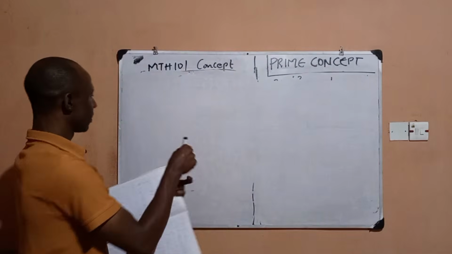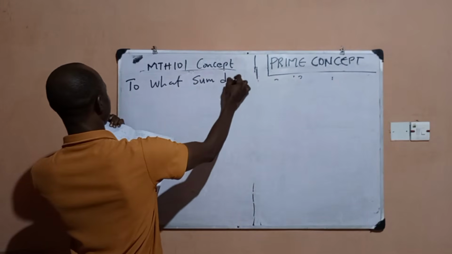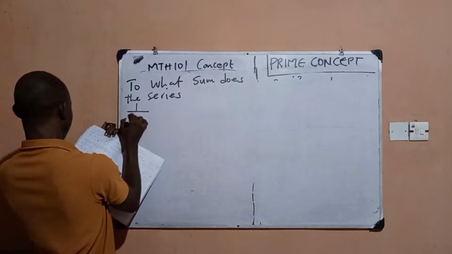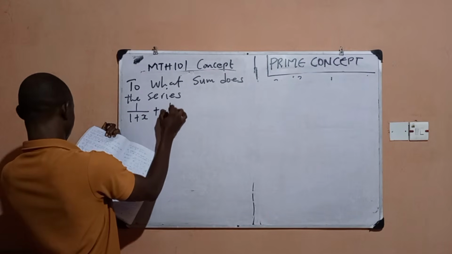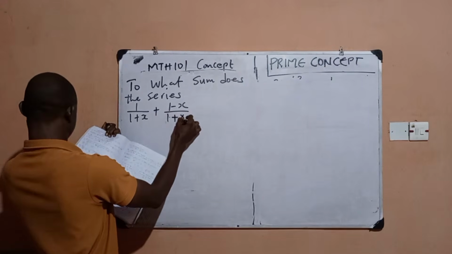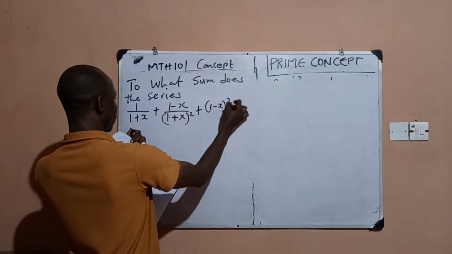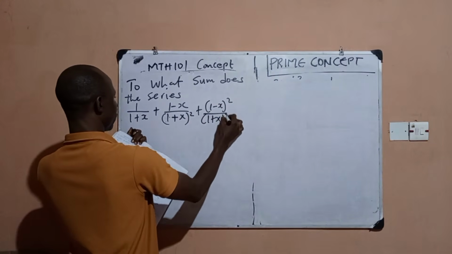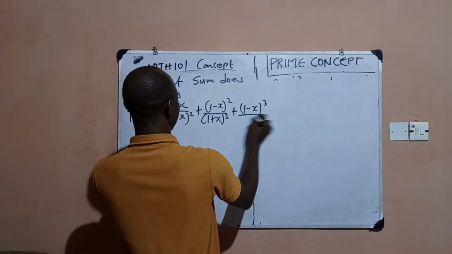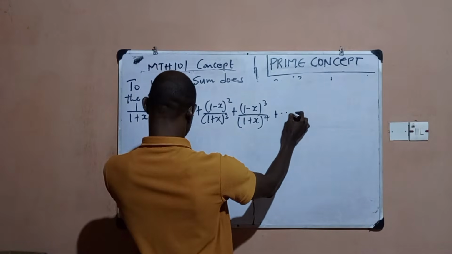Then the next one, they say, to what sum does the series 1 over 1 plus x, plus 1 minus x over 1 plus x all squared, plus 1 minus x all squared over 1 plus x all cubed, plus 1 minus x all cubed over 1 plus x all power 4, plus this.